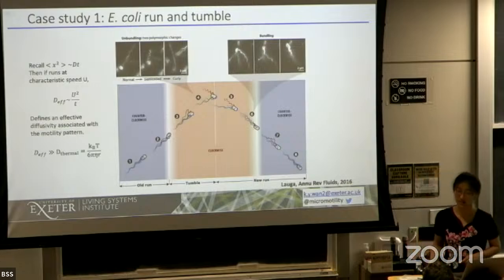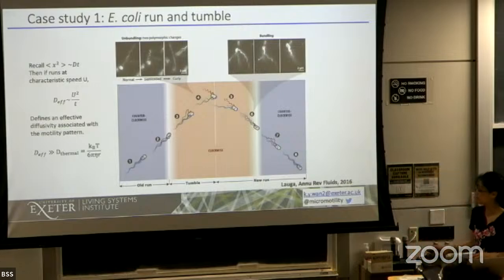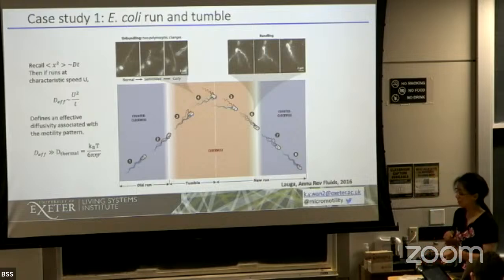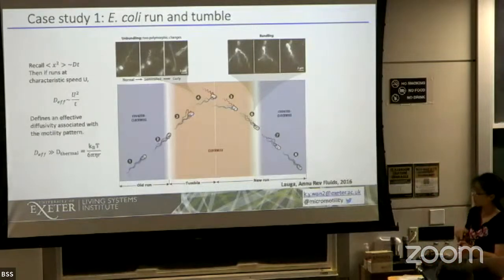You have these grainy videos from Howard Berg, and this is a beautiful drawing that interprets all of this information. Basically, these things rotate. By rotating a helix, you swim depending on the handedness of the helix. If you have a single, say, left-handed helix rotated counterclockwise from the back, then it swims forwards.